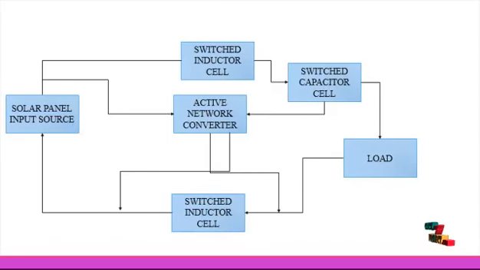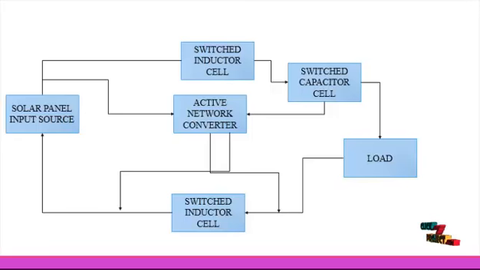This is our flow diagram. In this flow diagram the input source is a solar panel. Here the solar panel is connected to the DC to DC converter with active network cell and switched inductor and switched capacitor cells. The solar panel consists of 72 solar cells connected in series, and the panel is supplied from solar irradiance.